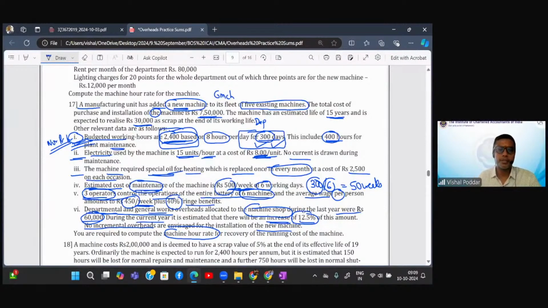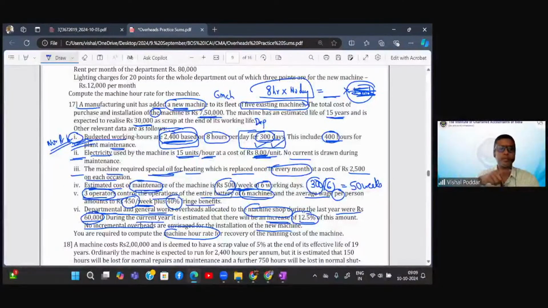Whenever they have given this, if you remember my last lecture when I was explaining how you find out total hours available, I said that you will multiply 8 hours, which is your per shift, by the number of days. But this gives you hours of the whole factory as a whole. Now, if you have 15 machines, you'll have to multiply it by 15 to find out total hours of all machines. But if you do not multiply it by this 15, it remains hours of one machine.